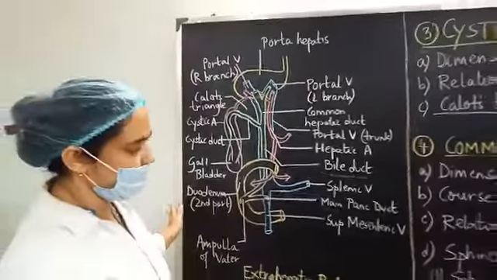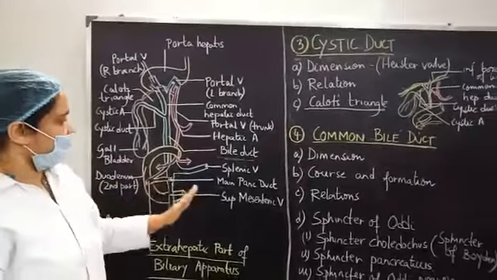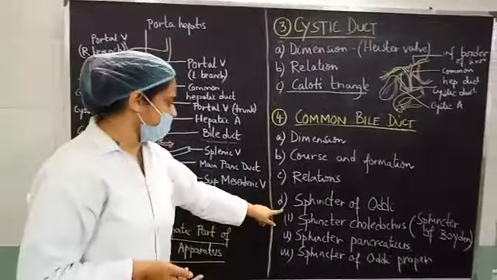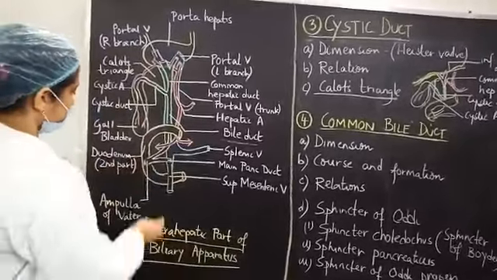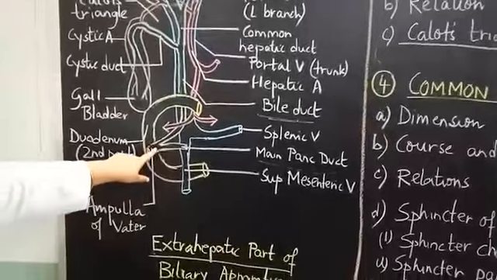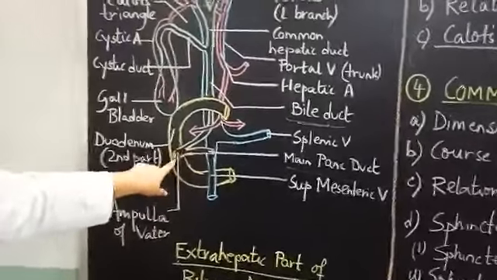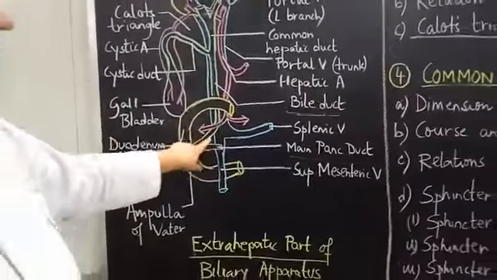So this is very important, this part you have to remember. And next is a little bit about the sphincter of Oddi. So actually this ampulla of Vater, this dilated part, this is the preampullary part of CBD, that is common bile duct.